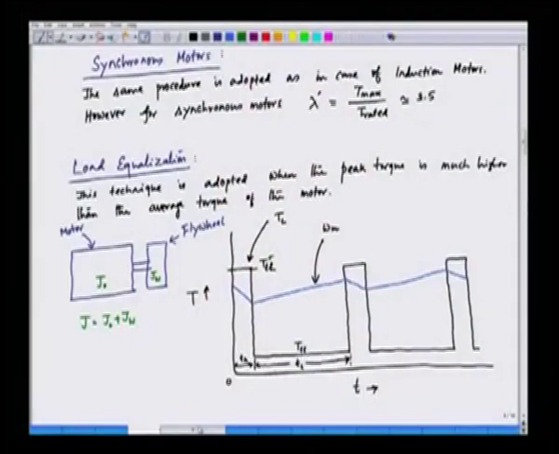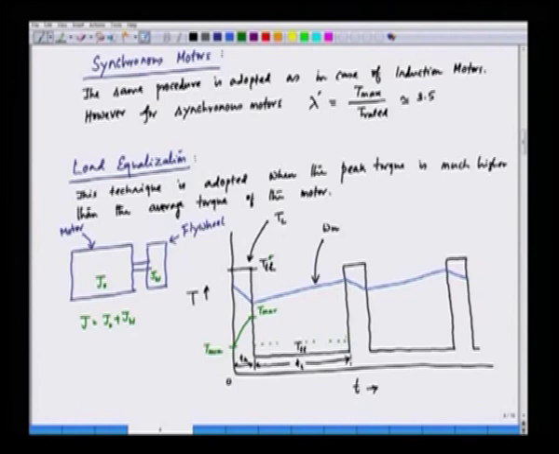So we go back to our previous diagram showing the torque variation, and in the same diagram we will try to draw the variation of the motor torque, that is capital T. The motor torque will vary like this, exponentially. We have applied a high load torque, and the motor torque will rise exponentially from, let us say, a T minimum to a T maximum, and what we are drawing is a periodic waveform.